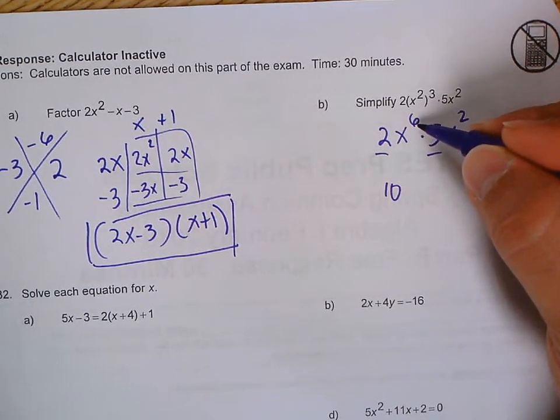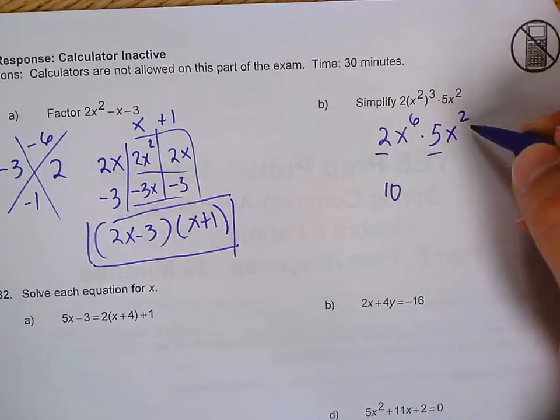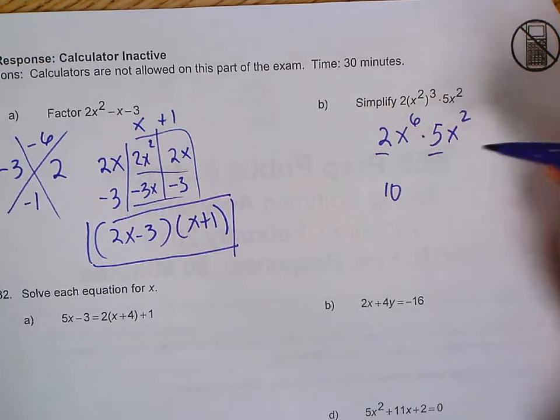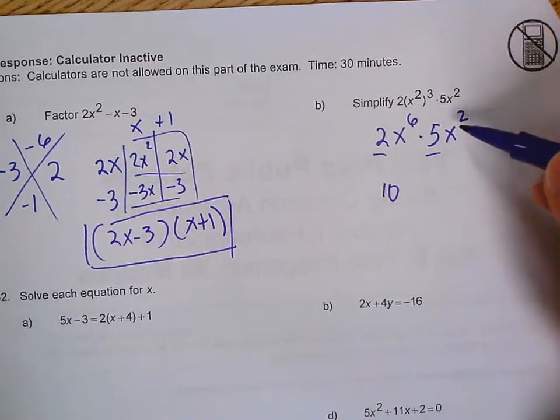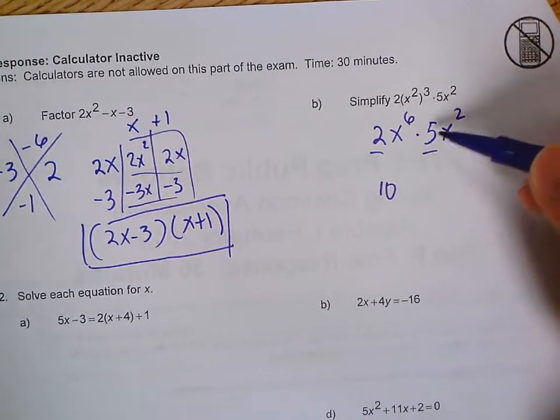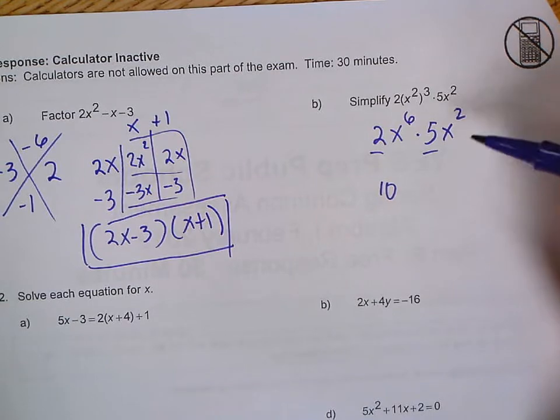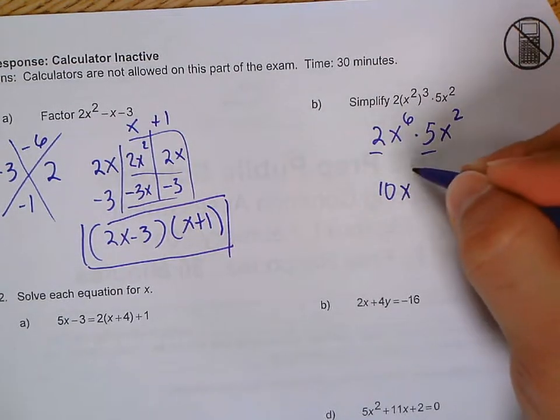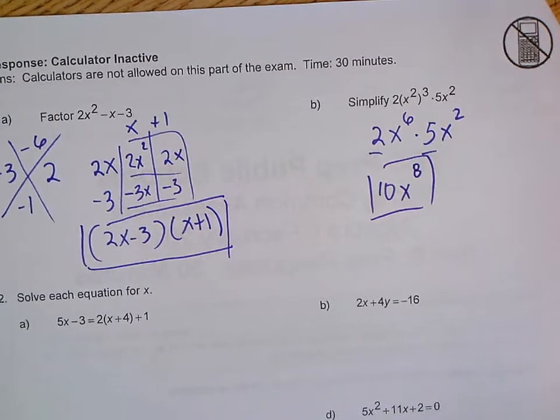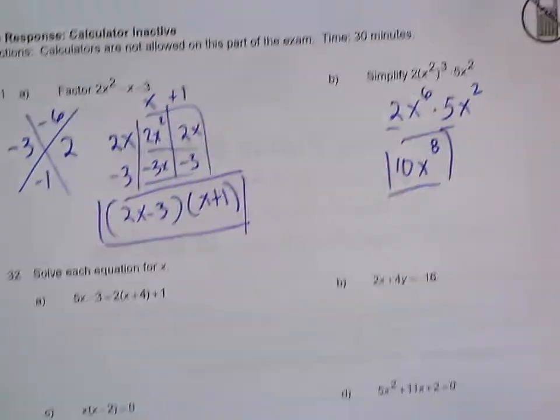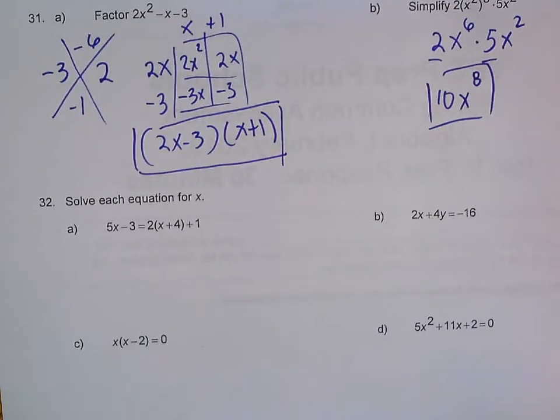And x to the power of 6 times x to the power of 2, because I'm multiplying, the multiplication rule of exponents says that if I have exponents with the same base multiplying, this allows me to add them. So that gives me x to the power of 8. And that's it for this problem.